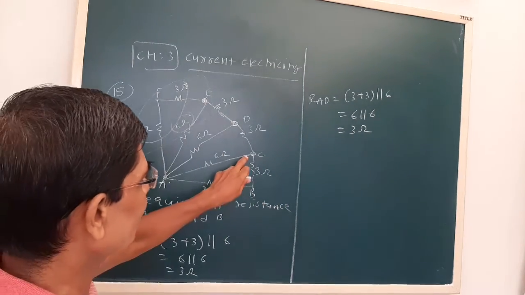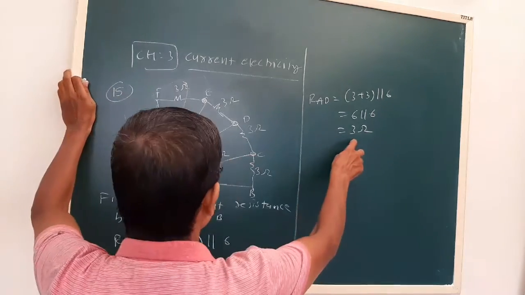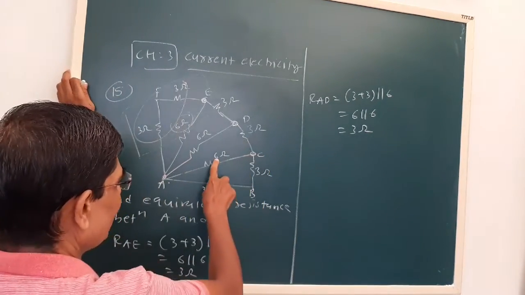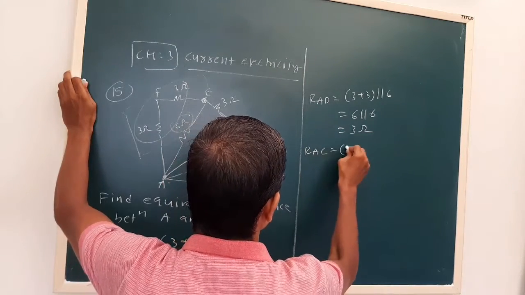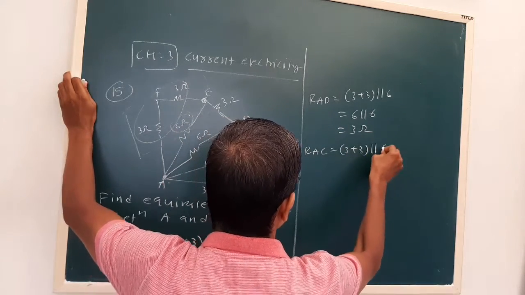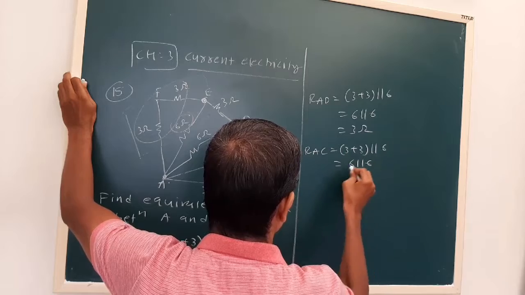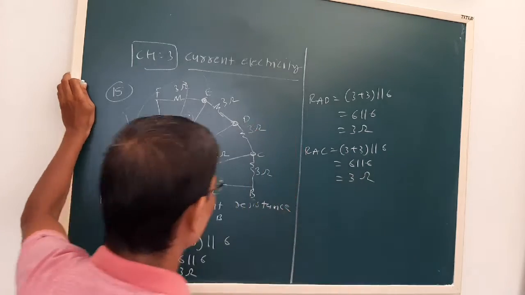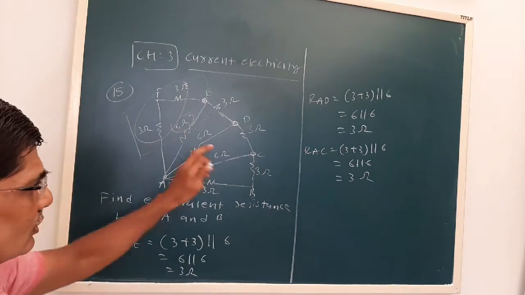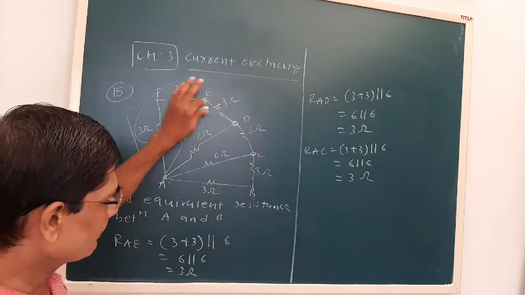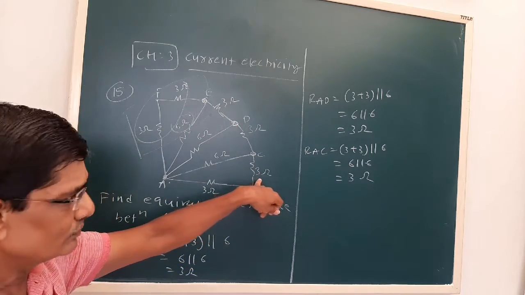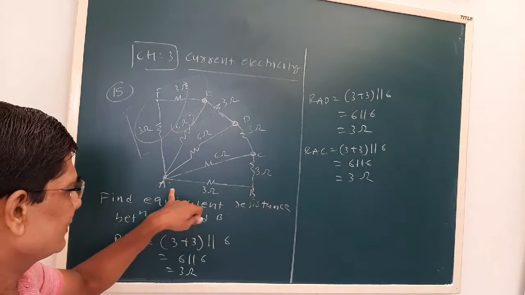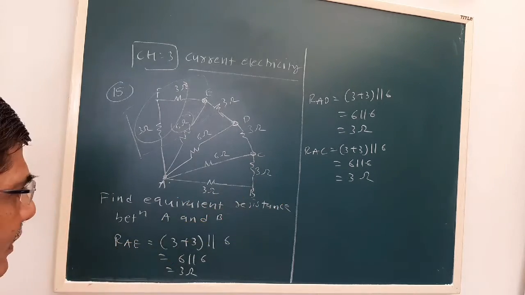Now similarly we have to find RAC. This 3 plus 3, 6 ohm will be in parallel with AC. So RAC will be 3 plus 3. Now we have solved up to C. Whatever we get is 3 ohm, plus BC which is 3 ohm, will be in parallel with the resistance in the AB part, that is 3 ohm.